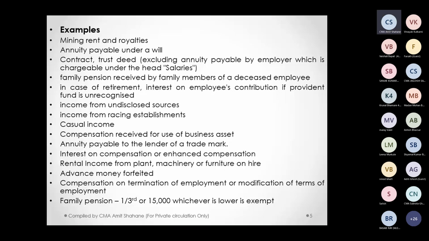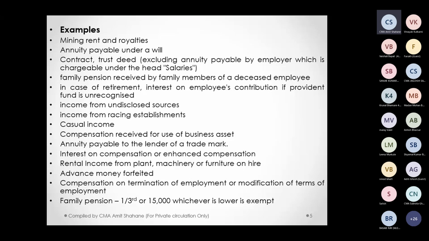The amendment is, even if you are opting for the new regime, old regime and new regime, again, once we go to the individual taxation session, I will explain it in detail. But for the time being, just keep this in mind that for the current year, that is financial year 22-23, that is AY 23-24, if you are opting for the new regime, then you are not allowed to take the standard deduction, and even this 1/3 or 15,000, whichever is lower, family pension deduction.